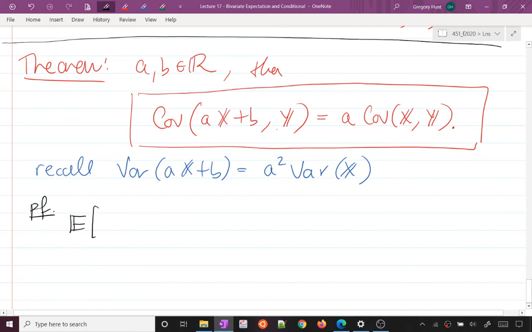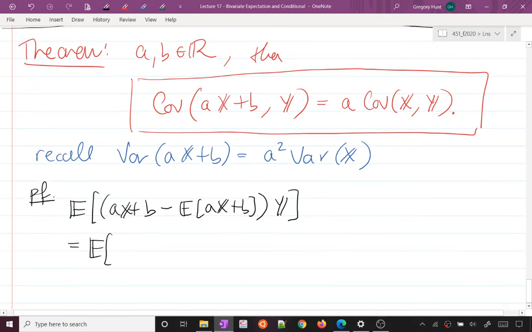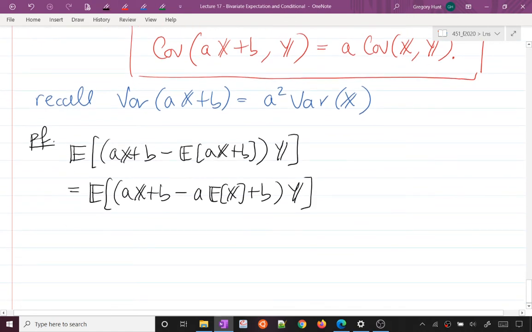So the covariance between ax plus b and y is ax plus b minus the expected value of ax plus b times, well, let's just say y. Okay? And we know that expectation is linear. So it's this ax plus b minus a expected value of x plus b, close parens, close bracket.